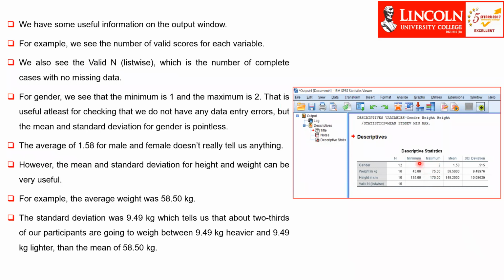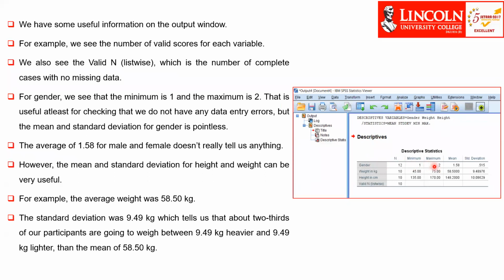If you had entered the wrong value for your gender, let's say you mistakenly entered 0, or something outside 1 or 2, you're going to see it here. If you had entered like 4 or 5, then your maximum value here will be 4. But as it is now, it shows that these are the values we have defined, and that we have not entered the wrong data or value for our gender.